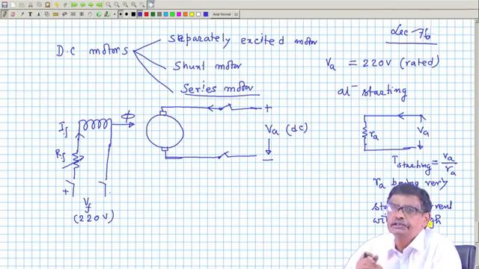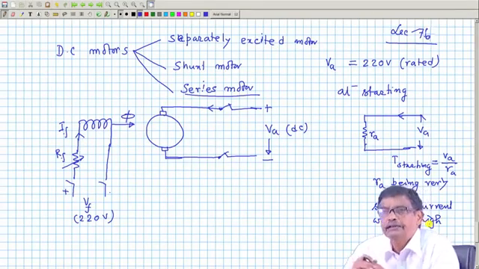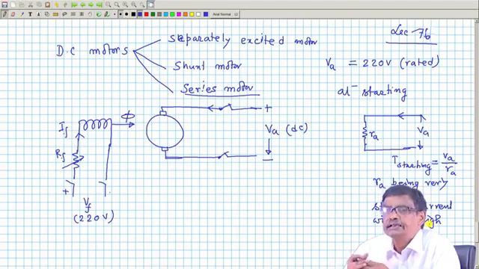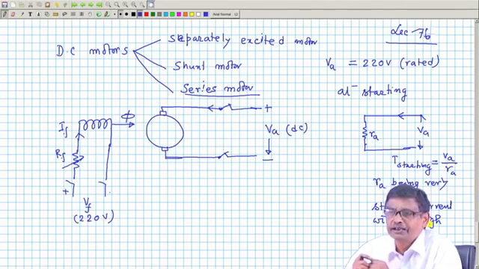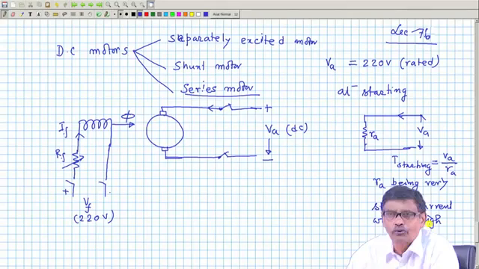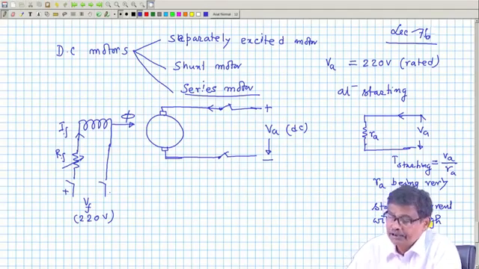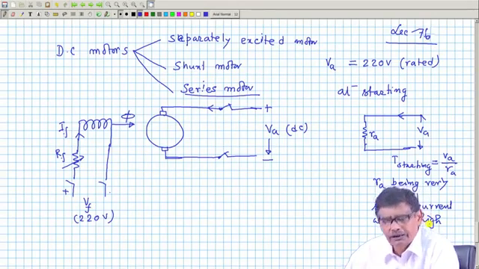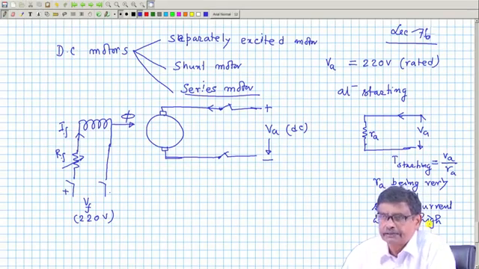Then the efficiency of a well designed rotating machine may be 80 or 85%, a very well designed machine, but certainly not 90% and above like a transformer. Transformer 99%, very good, there is no rotating part. But in case of DC machines or induction machines, whatever it is, the order of efficiency may be 85%, 80% like that.